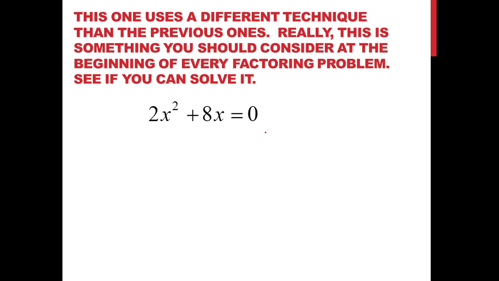Now, in this example, this is a binomial because you do not have any constant here. How do we factor this one out? Notice the common between the two terms. The numerical coefficients of the first term and the second term have a common number, which is 2, correct?